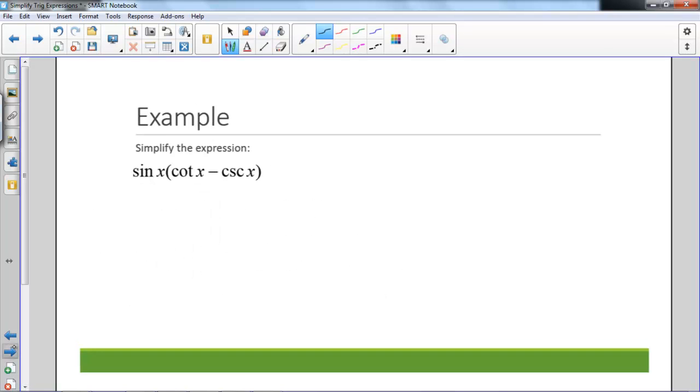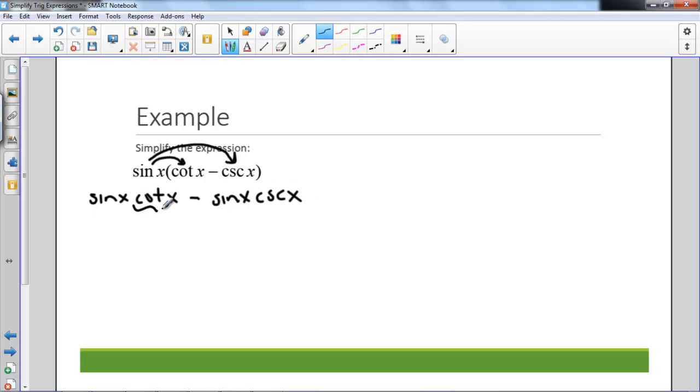Alright, let's take a look at our next example. Same thing here, simplify the expression. So the first thing we need to do is factor in this sine of x, sine x cotan x minus sine x cosecant x.